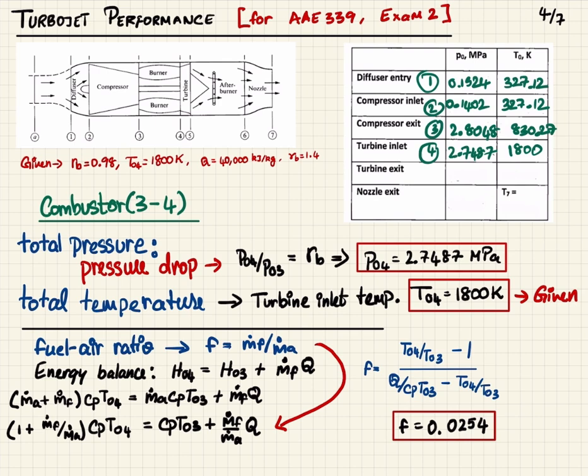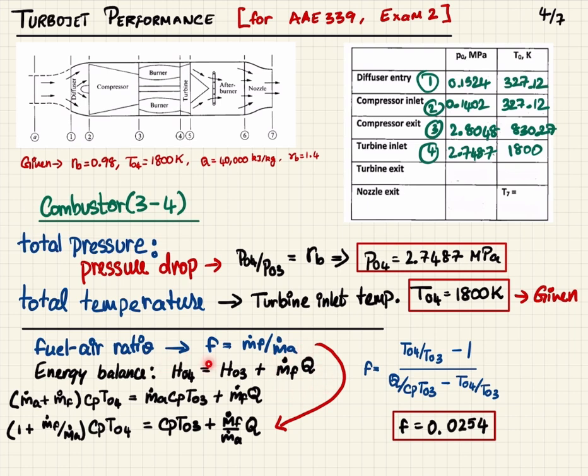The idea behind the energy balance is that energy into the system equals the energy coming out of the system, right? The system in this case is our combustor. So we're going to write this mathematically in terms of the enthalpy. The stagnation enthalpy at the exit of the combustor, the turbine inlet, equals the enthalpy at the combustor inlet plus the enthalpy associated with the addition of our fuel.